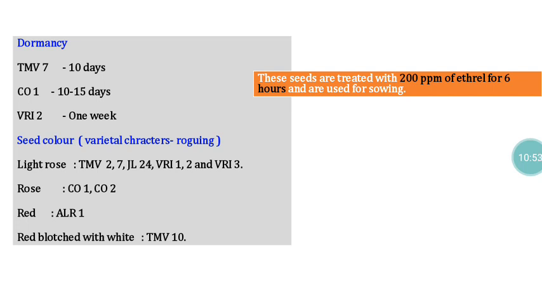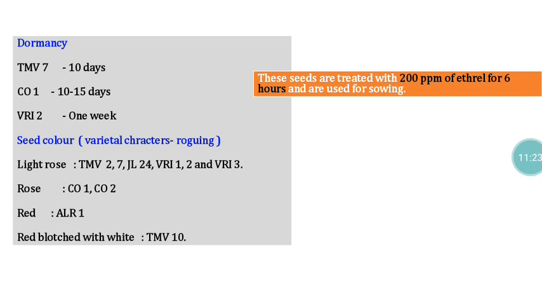As far as groundnut seed dormancy is concerned, this is a really very good one from the farmer's point of view, because I already told you that in situ germination or vivipary germination is the major problem in the case of groundnut. So if the seed has dormancy and the maturity coincides with the rain, there won't be any problem of in situ germination. There won't be any loss for the farmers.